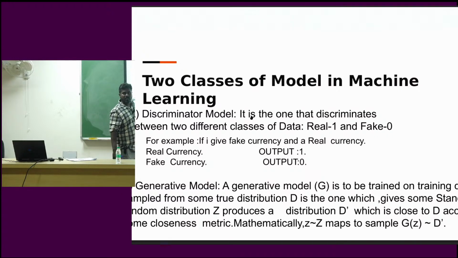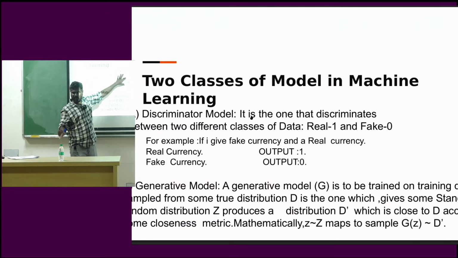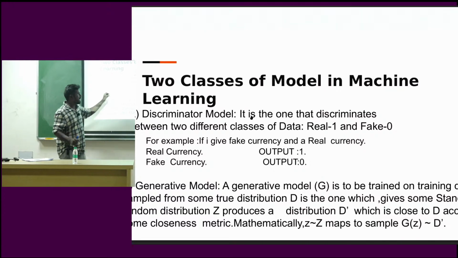The discriminator discriminates between two classes. It is like a binary, two-class classifier, and we already studied binary classifiers. It will say real or fake.